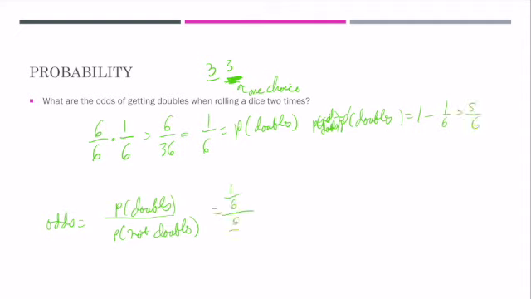So now I have 1/6 divided by 5/6. That's going to be 1/6 times 6/5. My 6s cancel. I get 1/5. So the odds are 1 to 5.